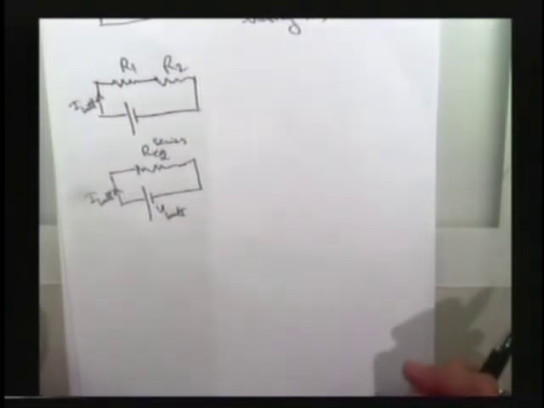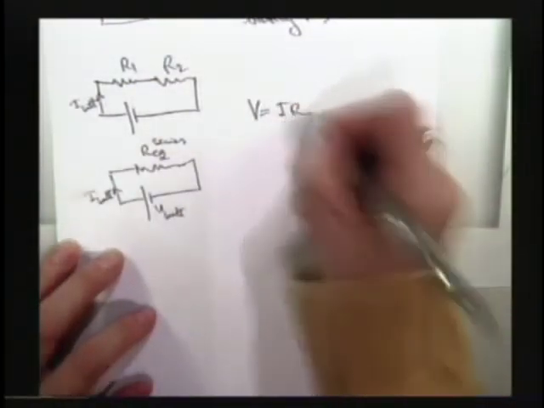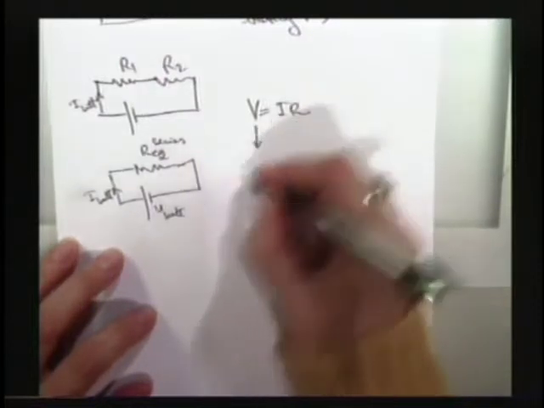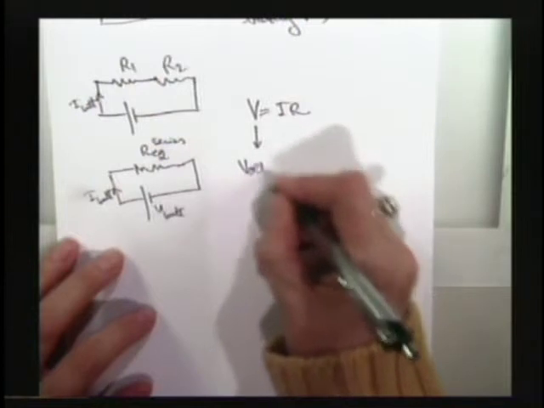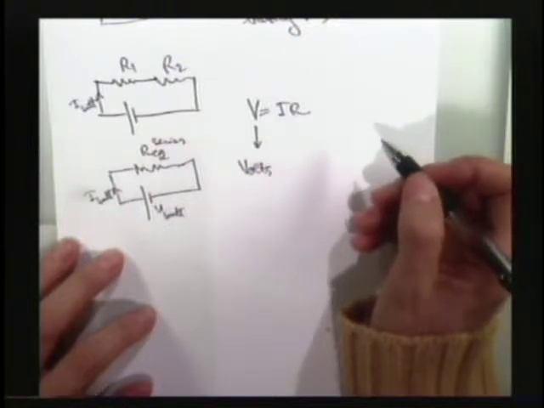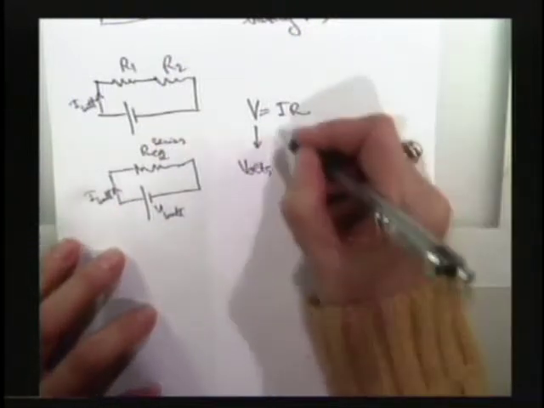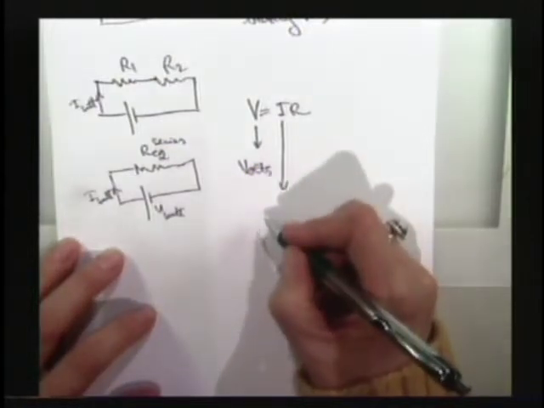What laws? Ohm's law. What is that? V equals IR, where V is the voltage of the battery. Measured in? Look on the screen. Volts. Very good. And current, measured in?